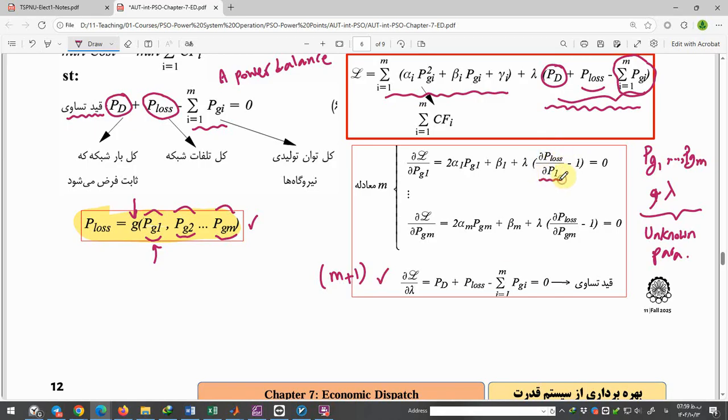This is the difference between the previous scenarios and this scenario for considering P loss. So when you consider P loss in economic dispatch, you have to calculate round P loss over round PG1, up to round P loss over round PGM.